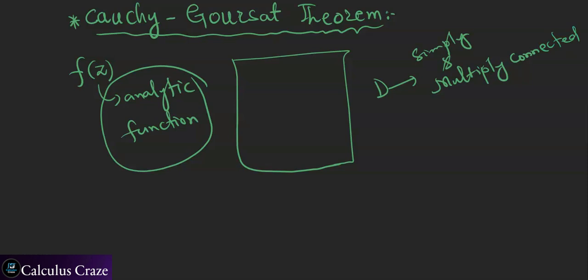Moreover, if we have an analytic function and a particular kind of domain, we consider a closed and simple contour inside this domain. This is a C, a positively oriented simple closed contour lying inside the domain, and our task is going to be to see this f of z dz, the contour integral over this simple closed curve, and it will turn out that this remains the same.